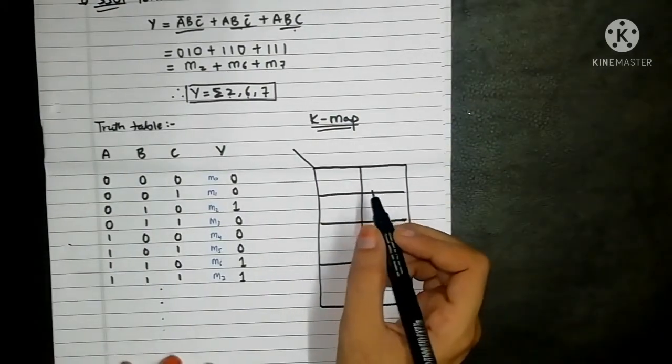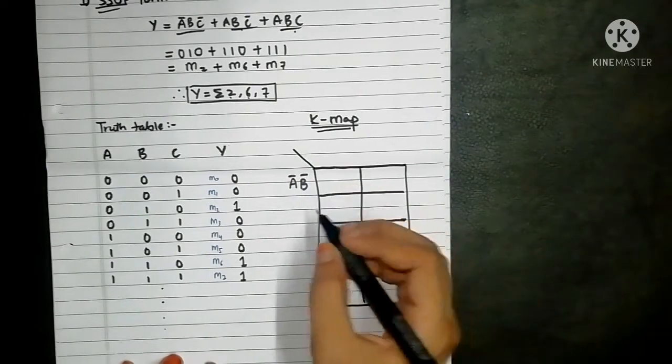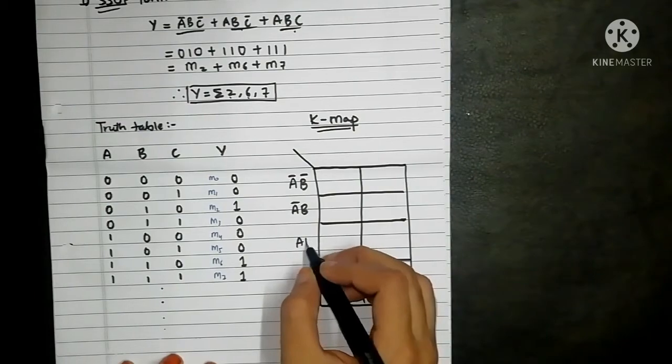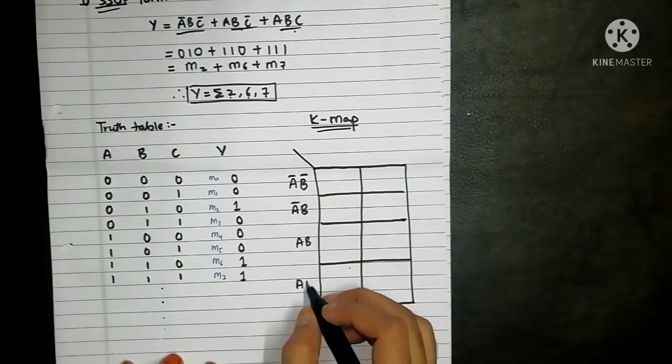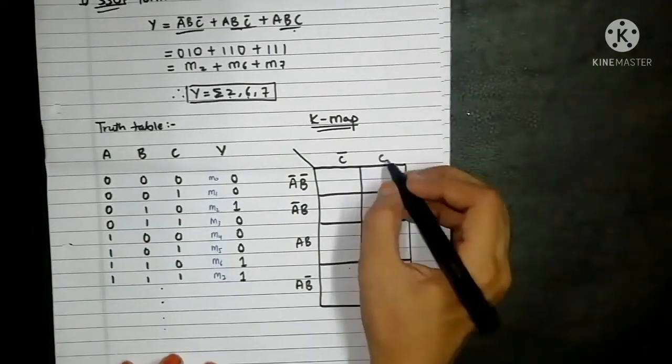Four rows and 2 columns. Here I will have values A bar B bar, A bar B, A B, A B bar. And on this side it will be C bar and C.